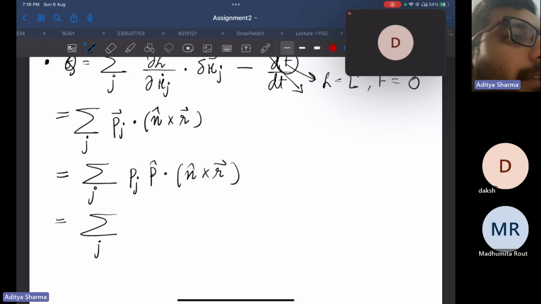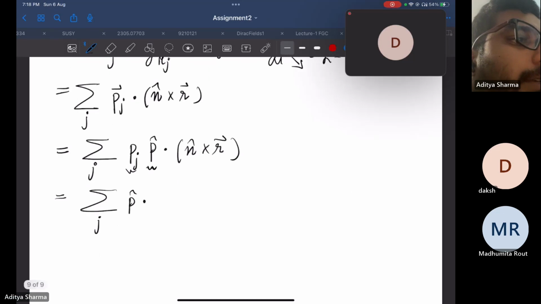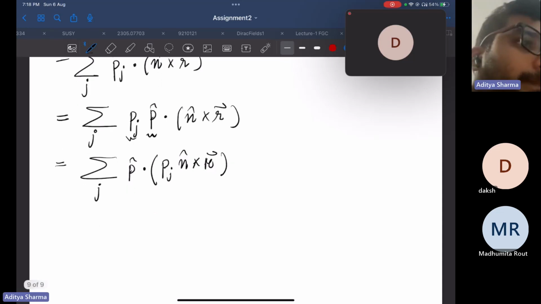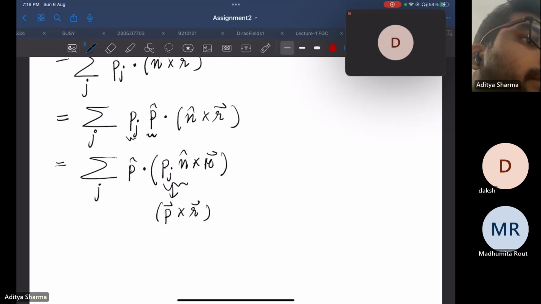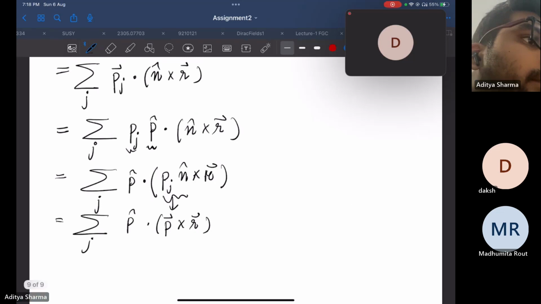So this can be written as, this is a magnitude and this is the vector component. Pj n cap cross r vector, this I'll call as p vector.